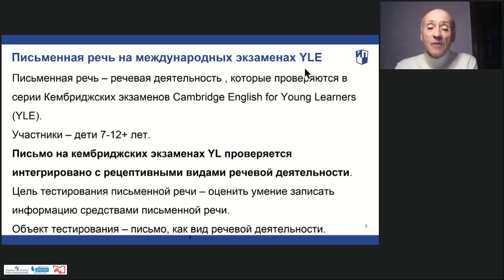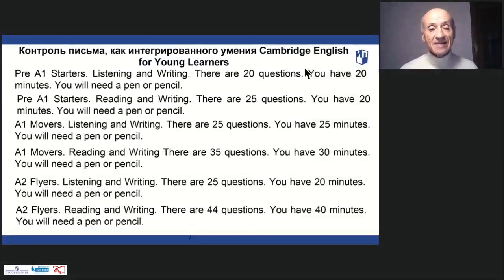The purpose of testing writing is to assess the skill of writing down the information they have perceived. The object of testing is writing as a speech skill, as a communicative skill, together with other skills.